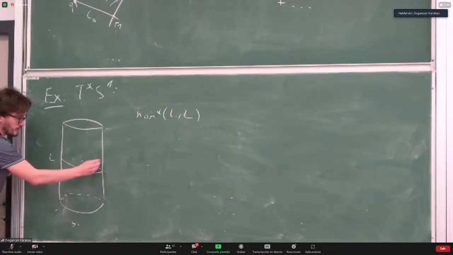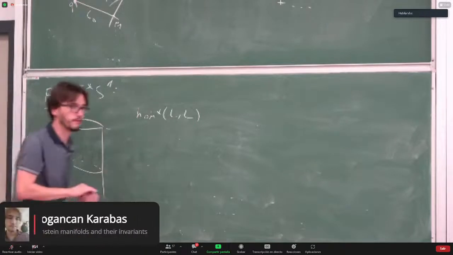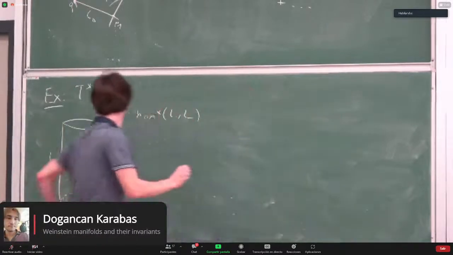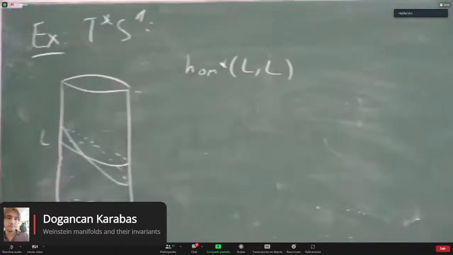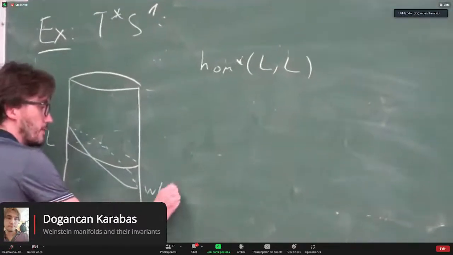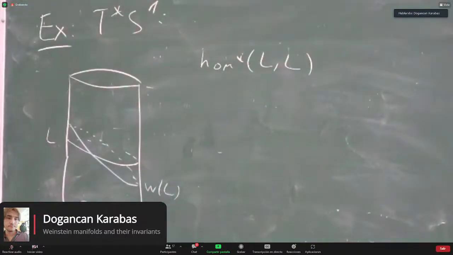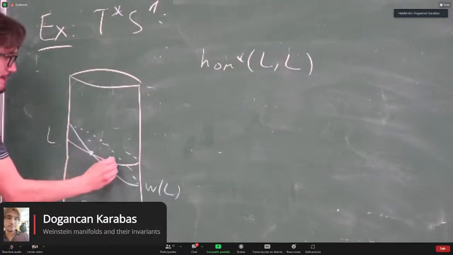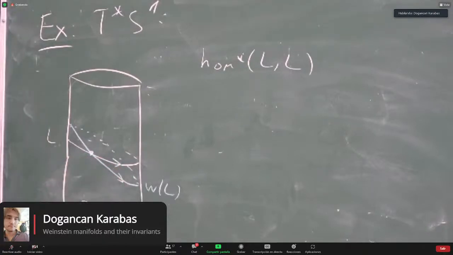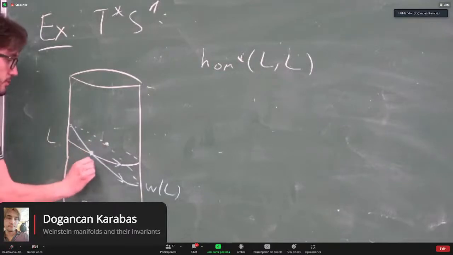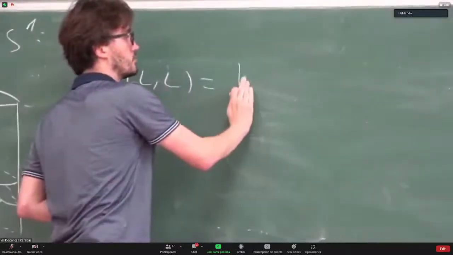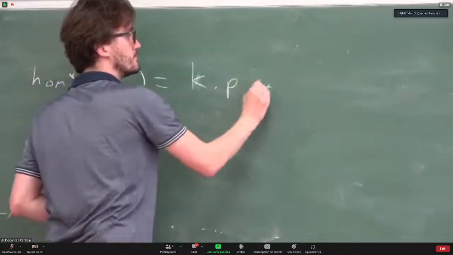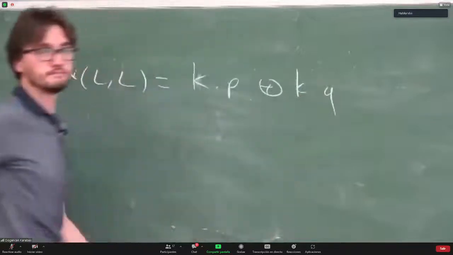If you perturb it, it will be something like this. I will call the perturbation WL, okay? So how many intersections do you have? One. So let's give some orientation also, oriented like this, 1 and 2. Let's call them P and Q. So this is generated by 2 elements.